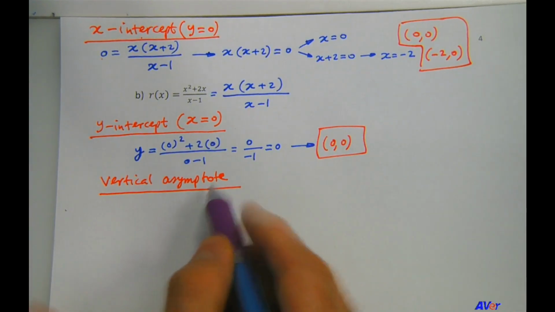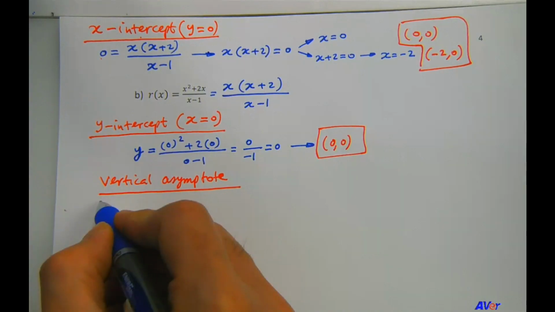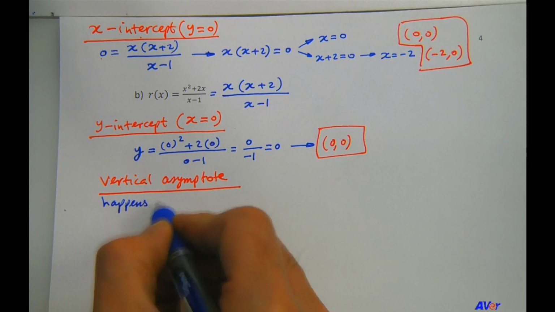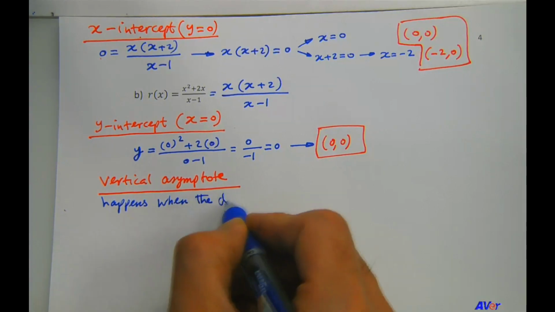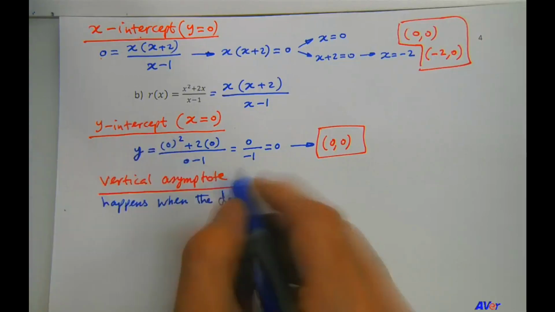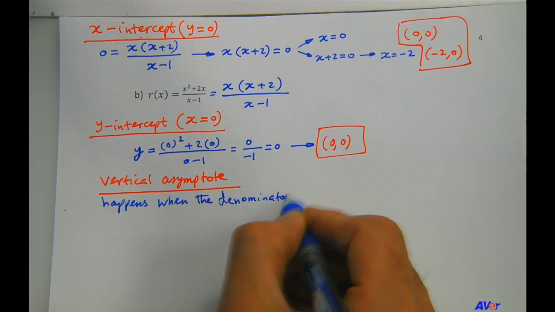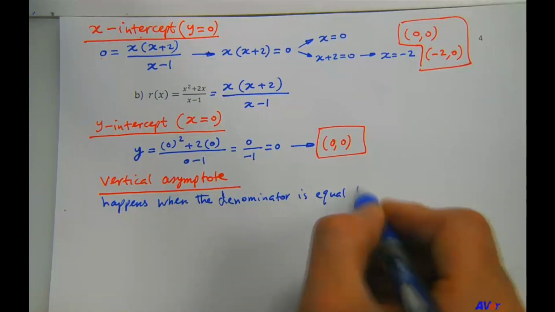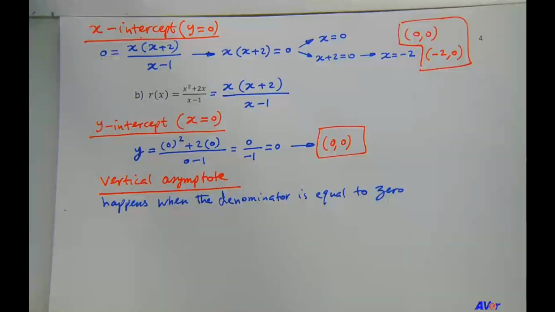That happens, vertical asymptote happens when the denominator is equal to 0. Okay?